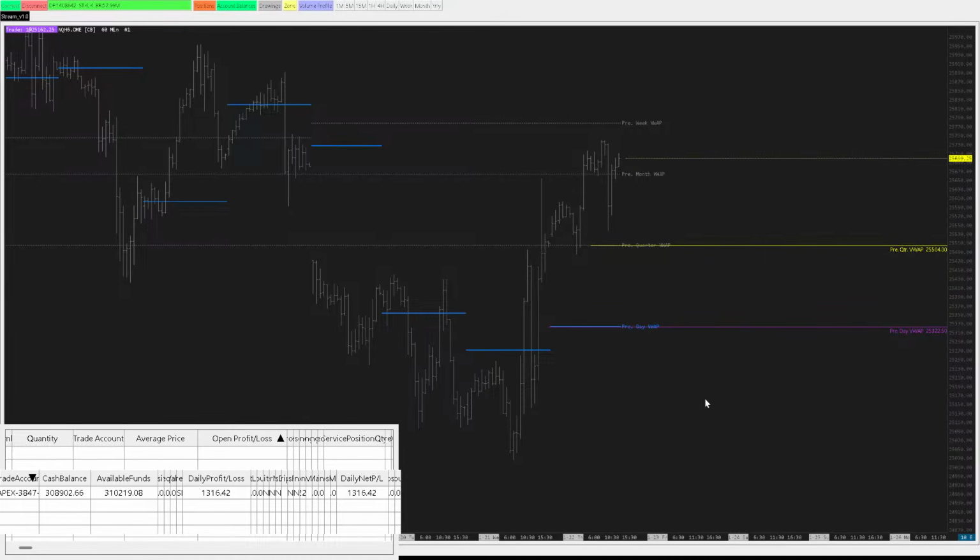But I've transitioned from seeing a volume point of control and thinking I need to be getting long right here, or seeing a previous day's VWAP and thinking the same.